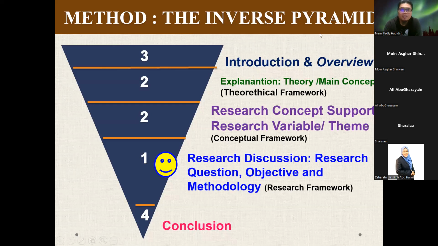Number 3 is about the research concept that supports the research variables. Mostly, we need to make sure that from your theory and concept, we can identify your variables, your dimensions, your factors, your themes. Then you need to align them with the previous literature.